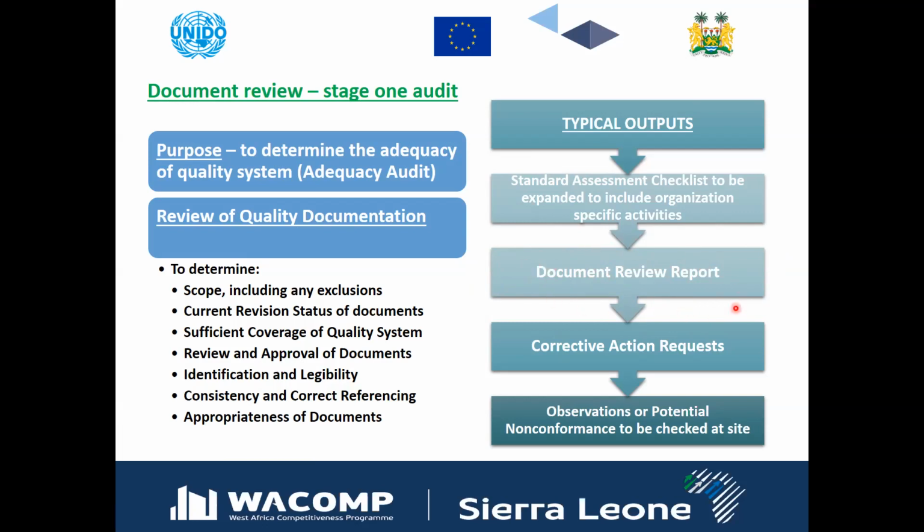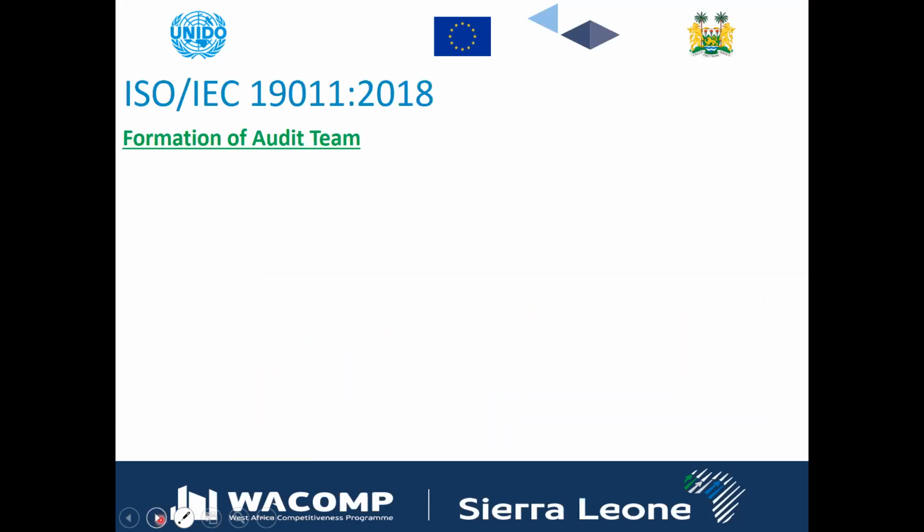If the documents are not there for an entire clause, the on-site audit would not be conducted, and the auditor would request this company to please focus on this area. These are the major gaps, and before going for the on-site audit, they would conduct this review and inform the auditee company, and they will prepare it and reshare it.